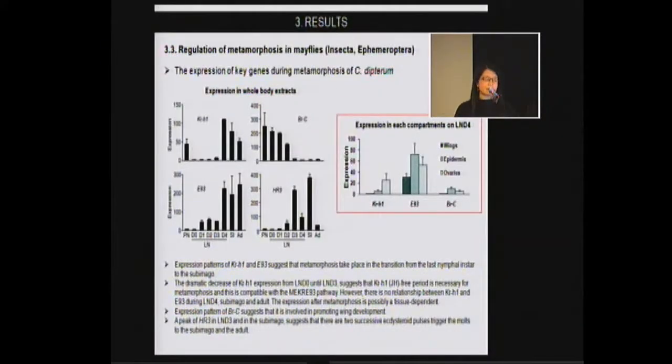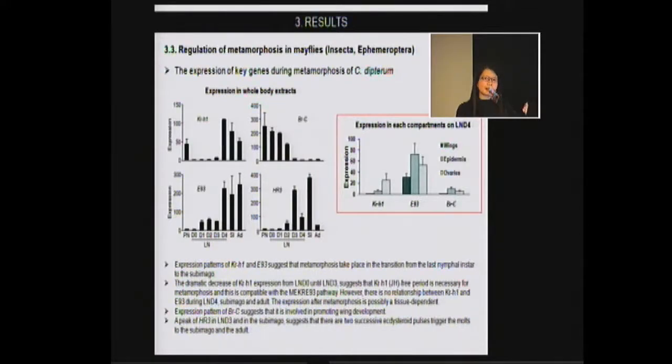So the expression pattern of these 2 genes suggests that the metamorphosis takes place during the transition from the last nymphal instar to subimago, which is similar to the result we obtained when studying the transformation of the morphology before.